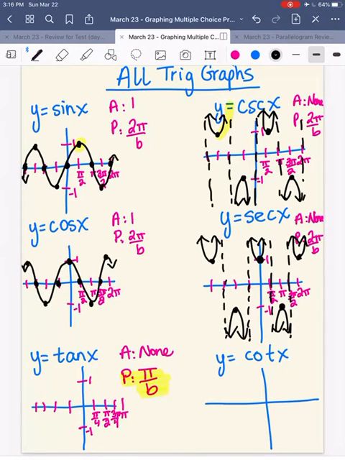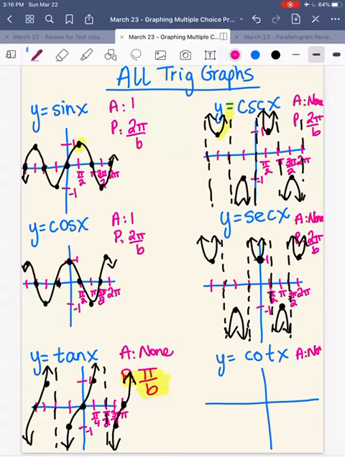And so then we have asymptotes 2 to the right and 2 to the left. And then our tangent is an increasing graph. So it starts down, middle, up. And I saw on some of y'all's work, some of you were just leaving it like this. But remember, there's 2 more curves. So there should be 3 total. And then this one, like that.